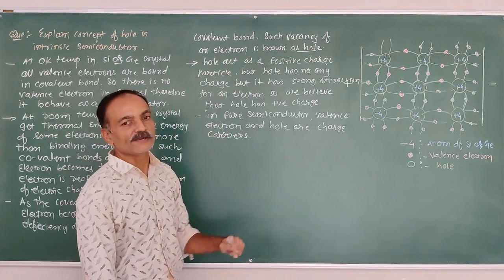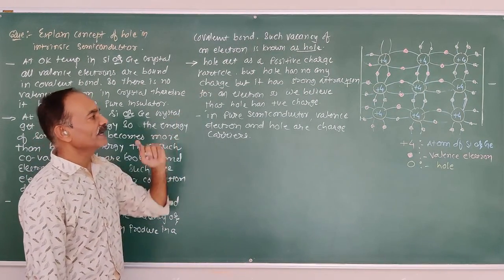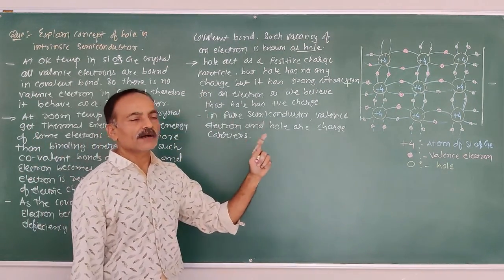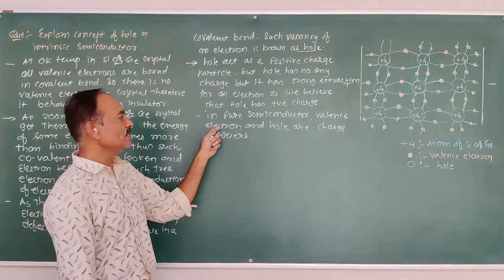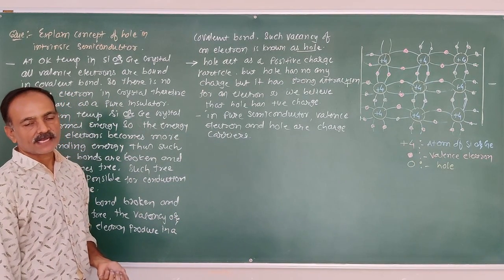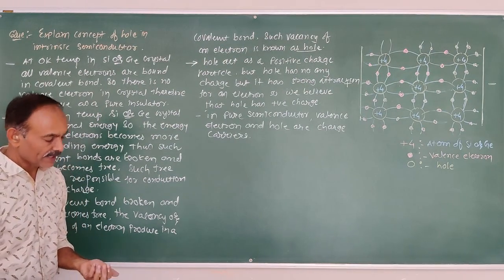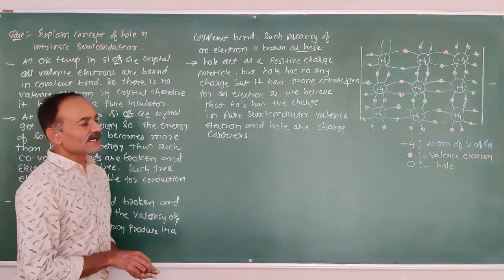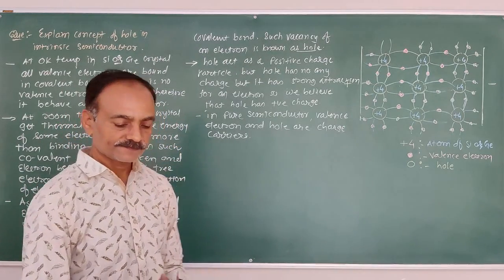The hole has no charge, but it has a strong attraction for an electron, so we believe that the hole has a positive charge. In pure semiconductor, free electrons and holes are the charge carriers. Clear this thing? Okay.